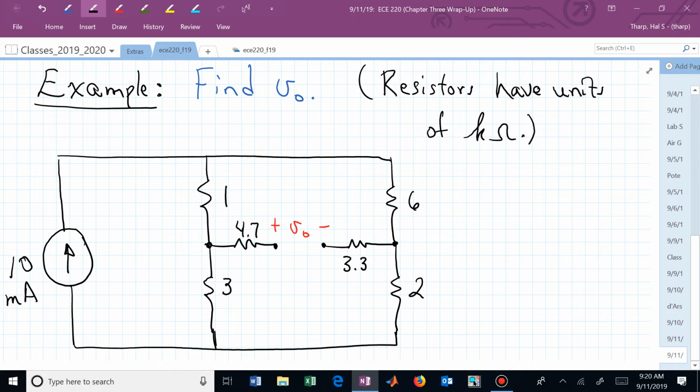What's the current flowing through 4.7K? 0. What's the current flowing through 3.3K? It's 0 as well. There's no current flowing in that middle branch. So what is V0? Is it 0?